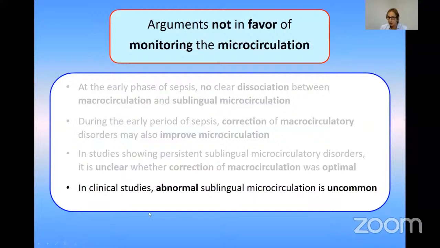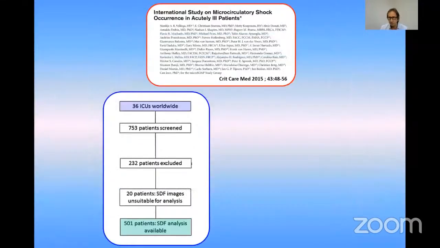Also, in large clinical studies, a normal sublingual microcirculation is uncommon. This is something which can be surprising, but which was demonstrated in this study performed in many ICUs, 36 ICUs worldwide, and 500 patients were included in this study.